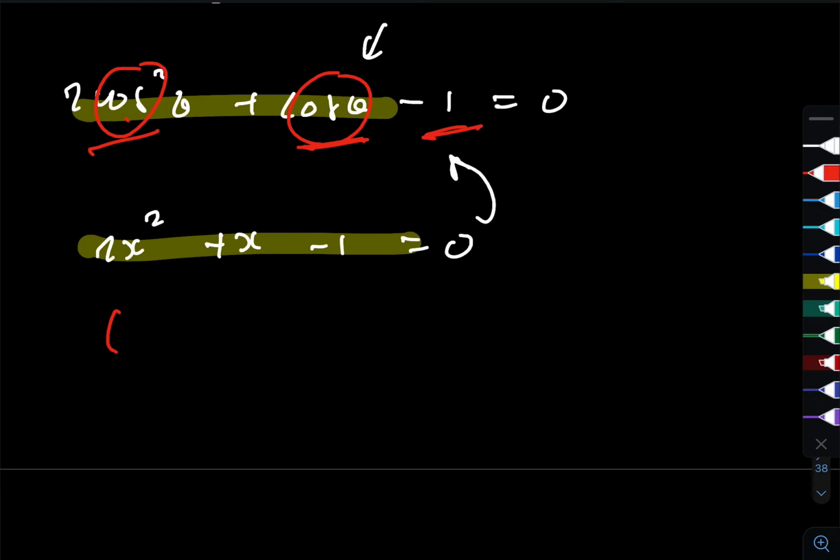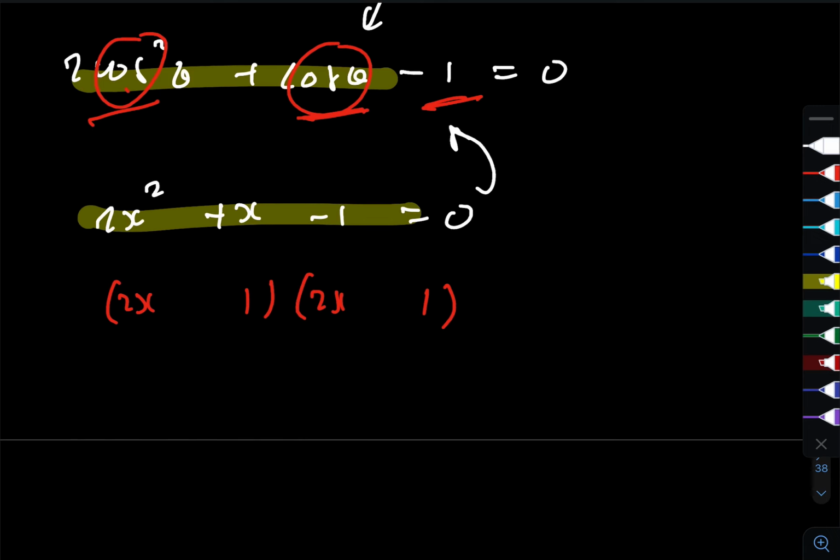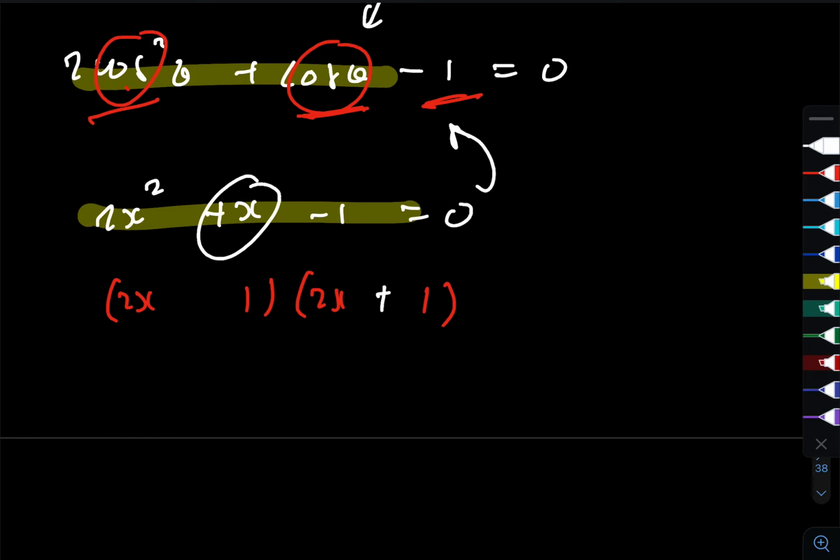So what I'm going to do is to just simply factorize that. The factors of 2 are 2 and 1, and then x is going to be x and x for x squared. And then the factors of 1 are simply 1 and 1. What I need to do is to find the factor which is positive. My middle term here is positive, meaning that the bigger factor is going to be positive.